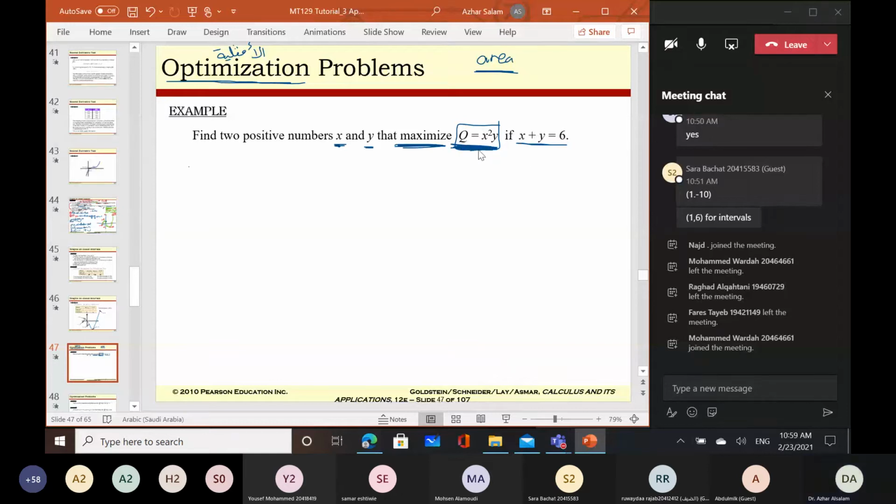So I construct this function which is Q equals x squared multiplied by y.